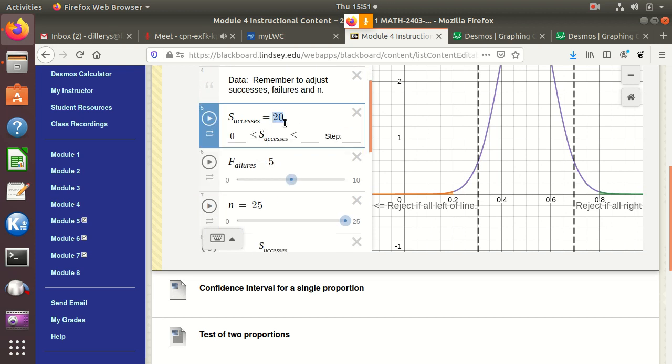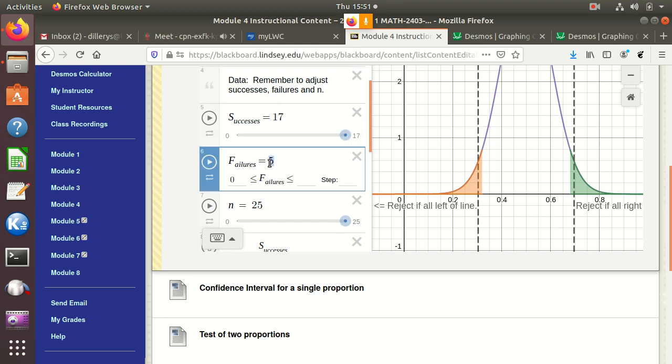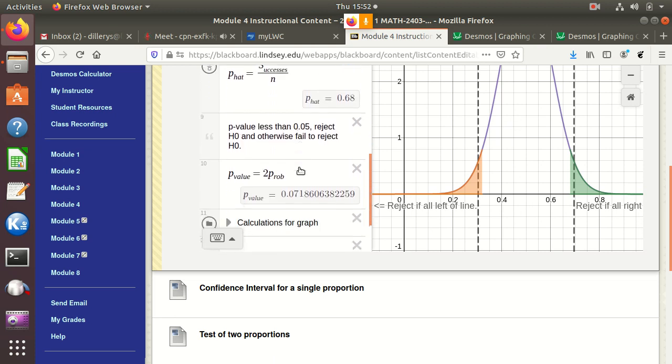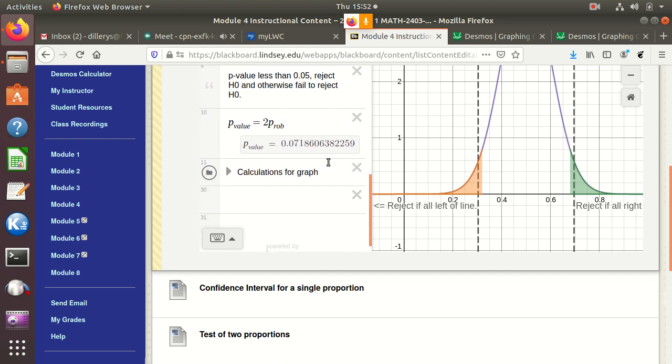So maybe 17 and 8. And there you see I'm getting really close. That's getting very, very close to being right at the 0.05 line. And if you look at the probability it generated, it's 0.07. And so the areas in the dotted line are starting to match up on the edges. And if I could pick exactly the right numbers to make 0.05, they would line up right at those edges.